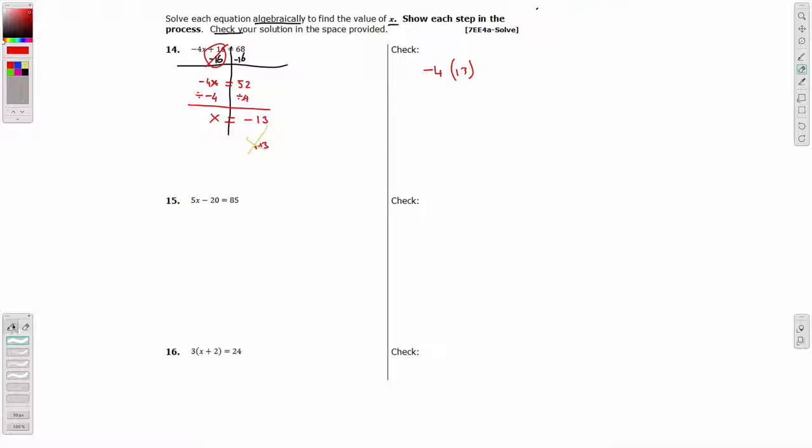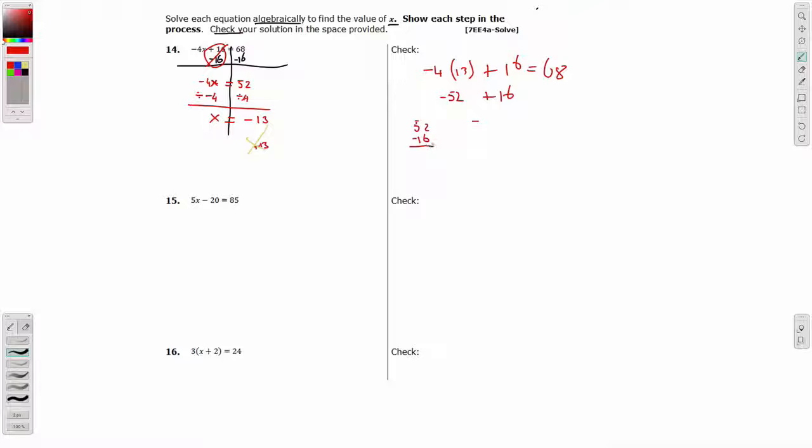Negative 4 times 13, if I think it's 13, plus 16 should equal 68. Well, let me check. Negative 4 times 13 would be negative 52 plus 16. I've got opposite signs, so I've got to subtract.